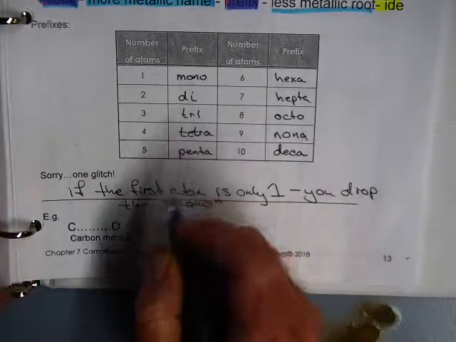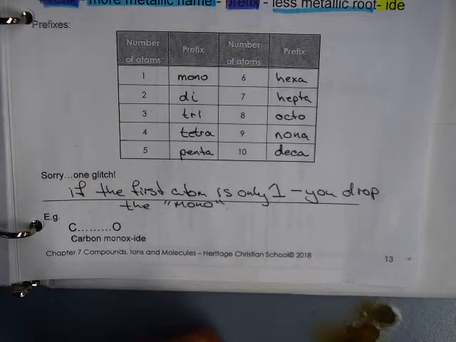Yes? What does it say after first? Atom. Oh, okay. I should probably have said first element: if you only have 1 atom of the first element, then you drop that. And I'll show you why.